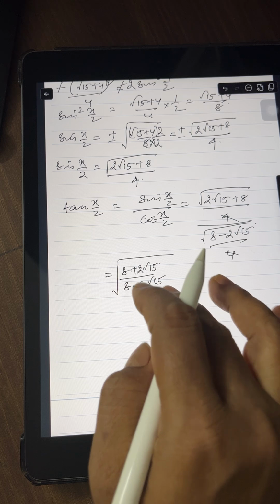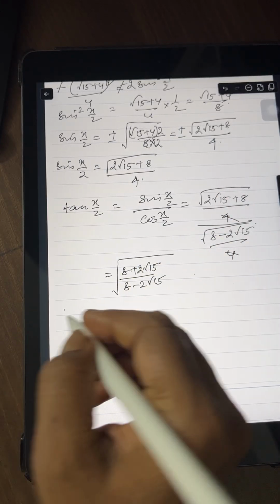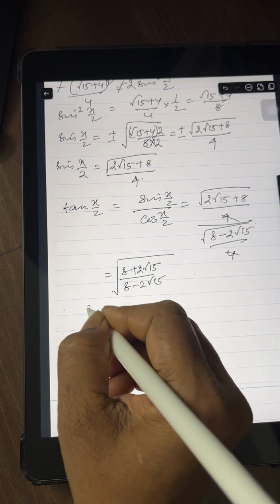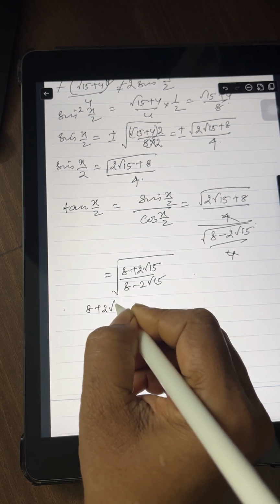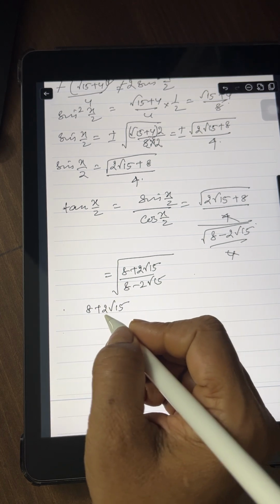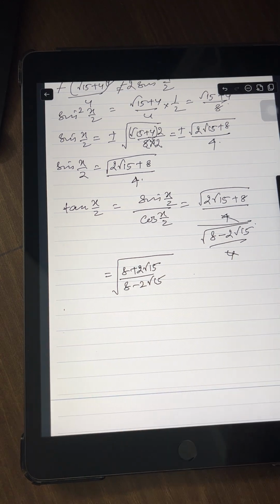What you will have to do is rationalize. Okay, if you rationalize, what you get? 8 plus 2 root 15 by 8 minus 2 root 15, or what you can do is, you can take common and then last you can rationalize.